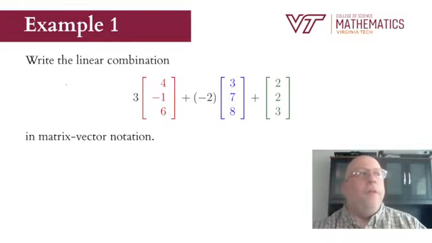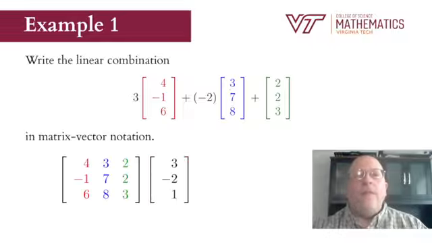We have this linear combination right here. So the weights are 3, -2, and 1, and the vectors are (4, -1, 6), (3, 7, 8), and (2, 2, 3). We're going to rewrite this linear combination using the matrix vector notation. The vectors group together in the same order, but they group together into a single matrix. So 4, -1, 6, 3, 7, 8, 2, 2, 3.